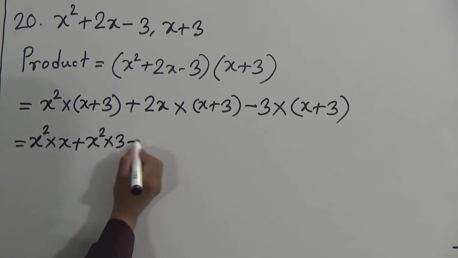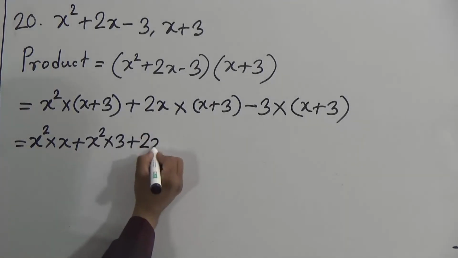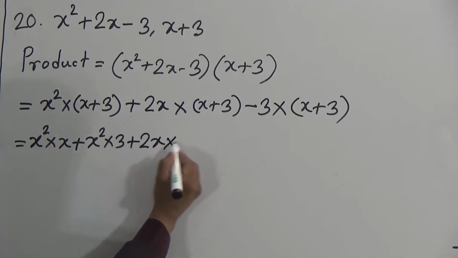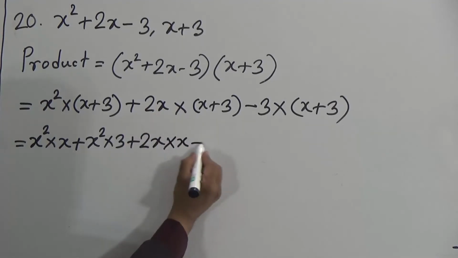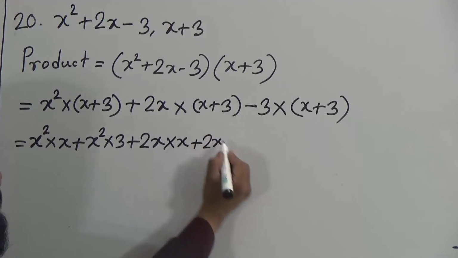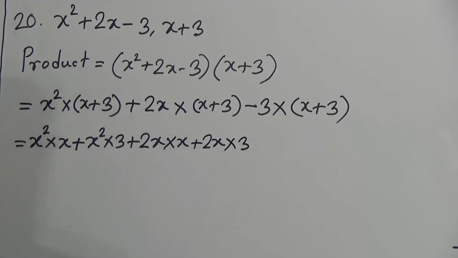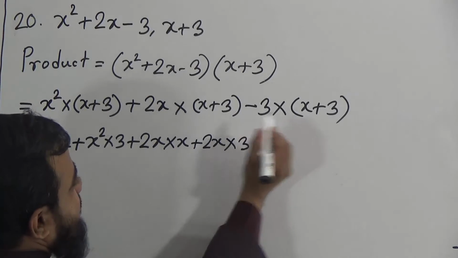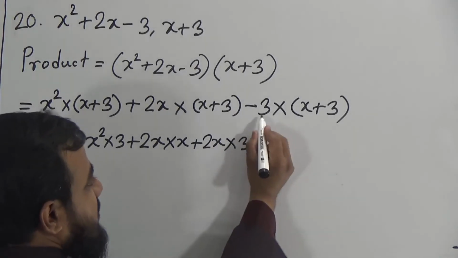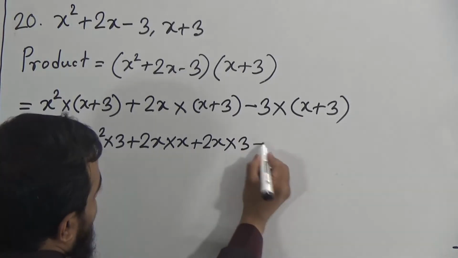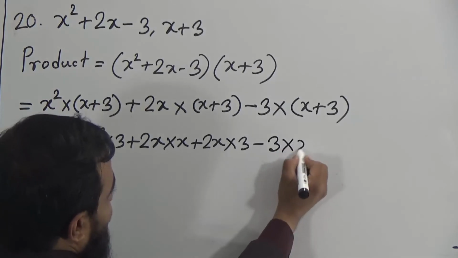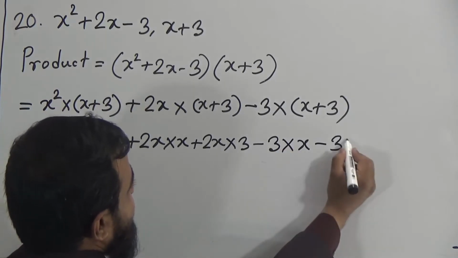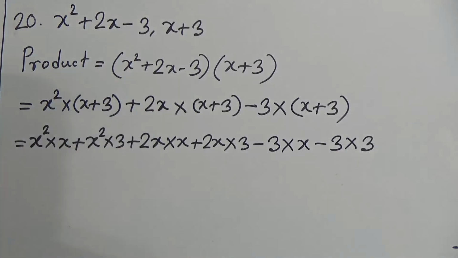After that, this plus twice x is multiplied with x, and also with this 3. Now minus 3 is multiplied with x, and minus 3 is multiplied with the 3 also.